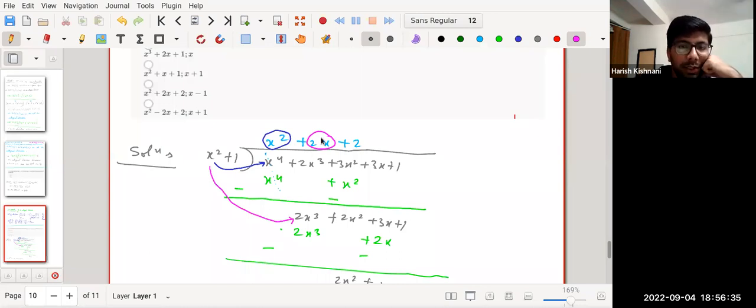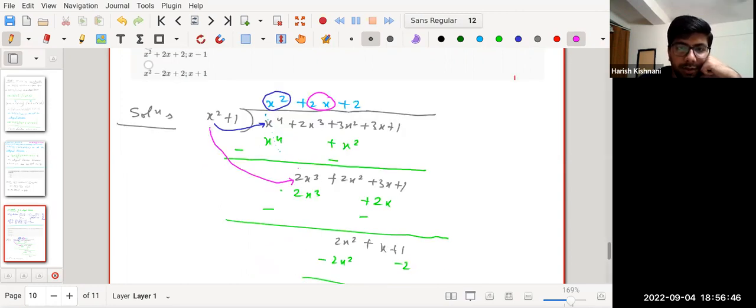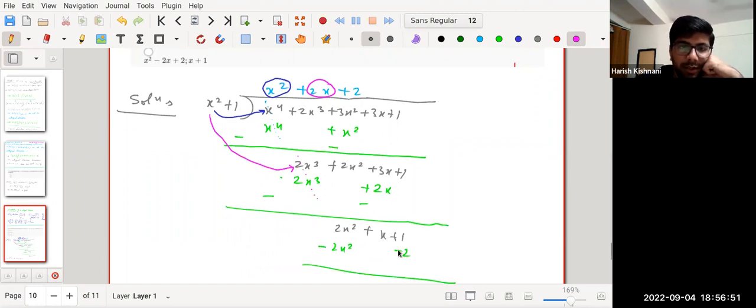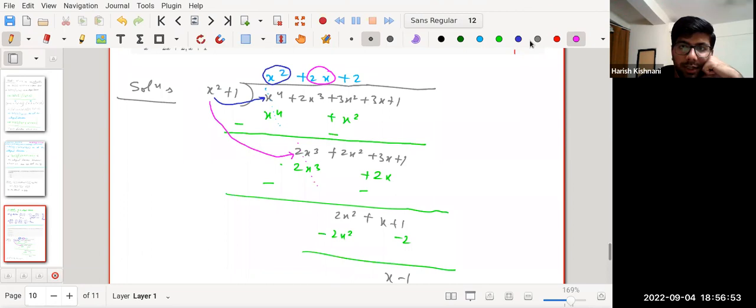Multiply this 2x with the entire polynomial x^2 plus 1, you will get 2x^3 plus 2x. Subtract them, this will be cancelled out, and you will have 2x^2 plus x plus 1. Again look at the highest order term, 2x^2. Divide 2x^2 by x^2, you will get 2.